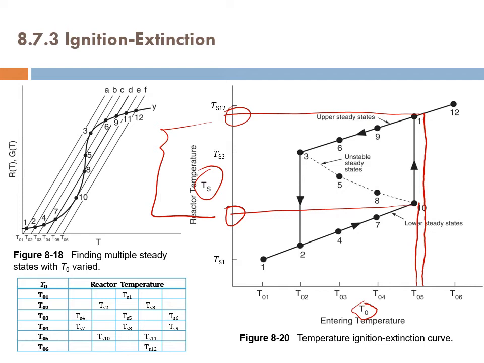It will increase slightly. Okay, that was the case when we increased the feed temperature from T01 to T05. The increase in the steady state temperature was slight. However, now it's going up and up and up, until finally it reaches a new steady state with a steady state temperature that is much higher than the previous steady state.